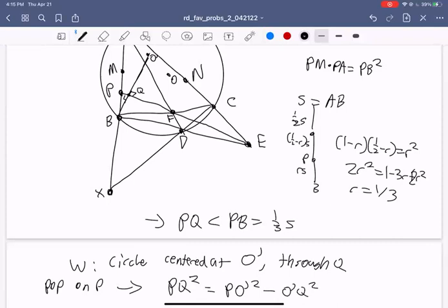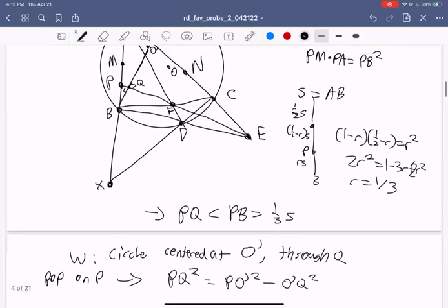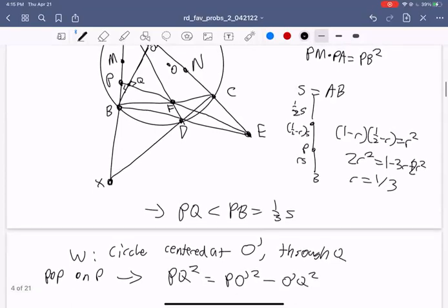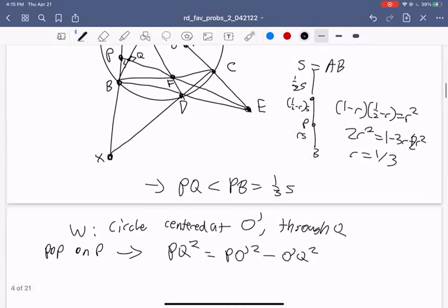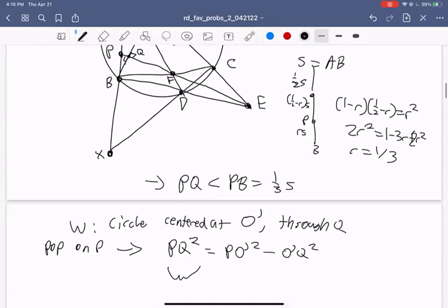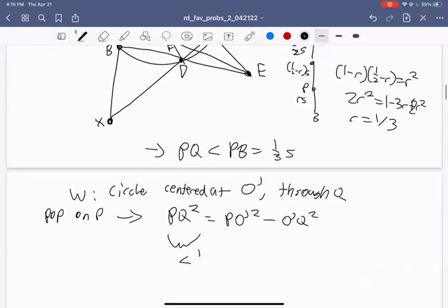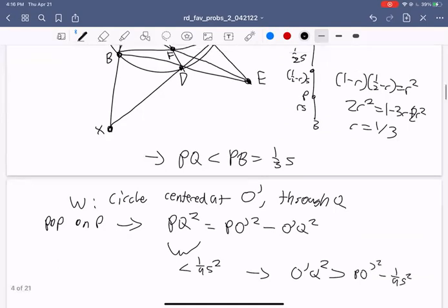Or this is just the Pythagorean theorem, I guess. And this is less than 1/9 S squared, which means that O prime Q squared is greater than PO prime squared minus 1/9 S squared.